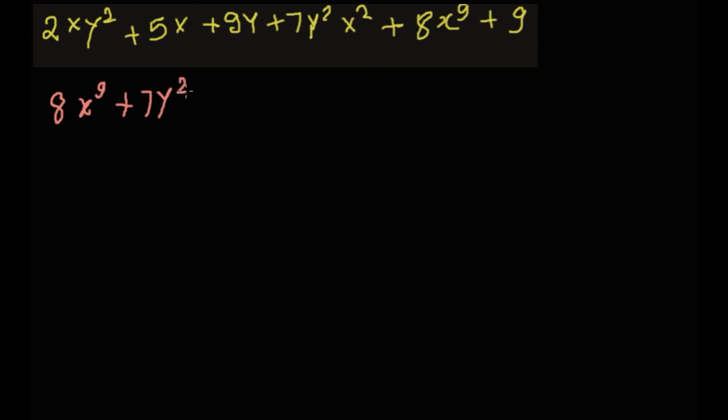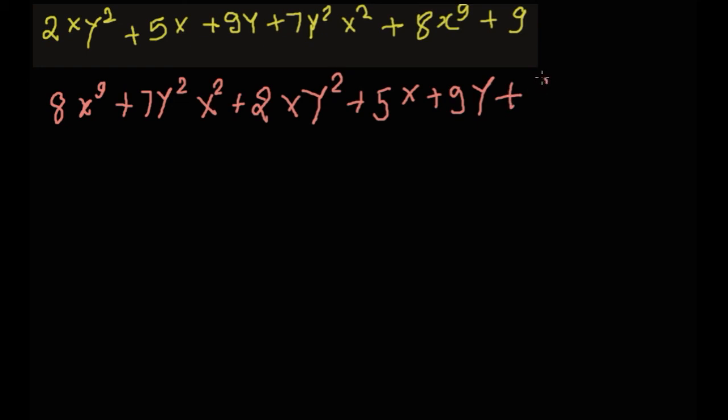y square x square. Then this 2 and 1 is 3, 2x y square, and then 5x. We can write anything, 5x or 9y, both are the same, plus 9y plus 9. So here it is 9, it is 4, 2, 2, 4.